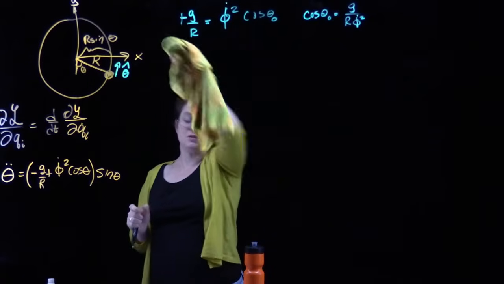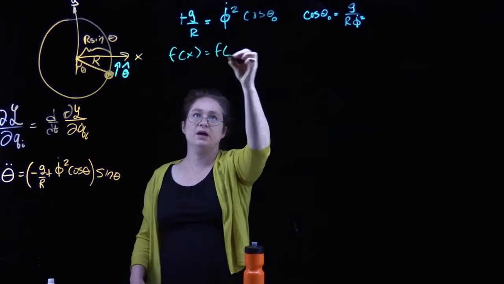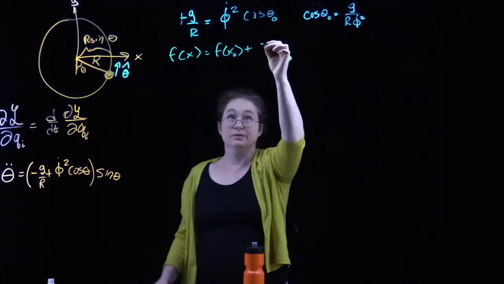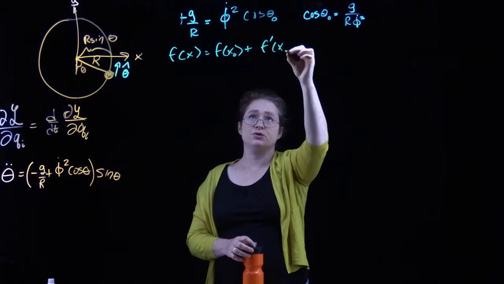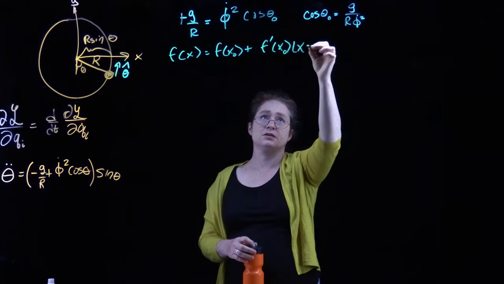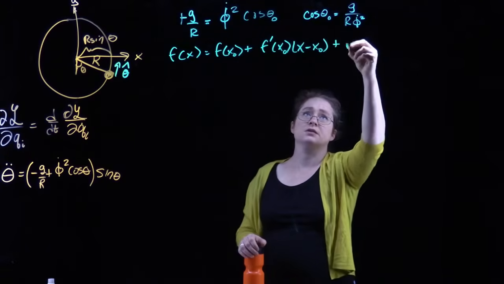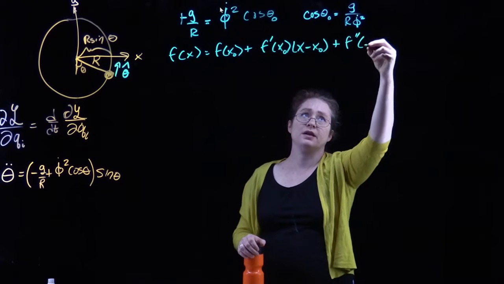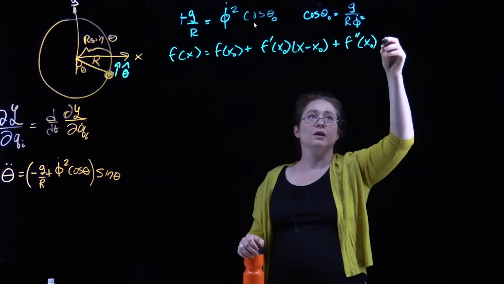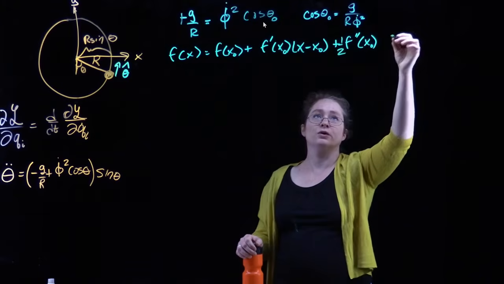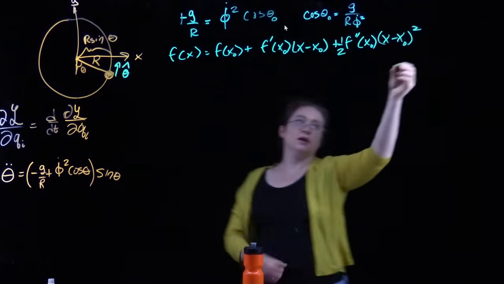For a Taylor series, f of x is equal to f of x naught plus f prime, the first derivative at x naught, times x minus x naught, plus f double prime, the second derivative evaluated at x naught, times 1 over n factorial, x minus x naught quantity squared, and then higher order terms.